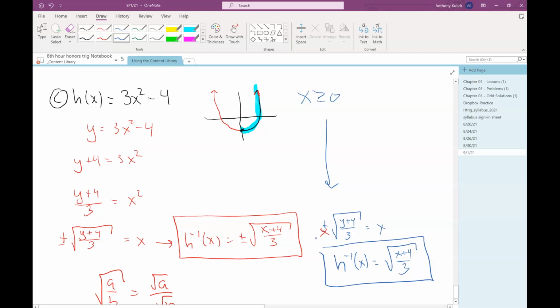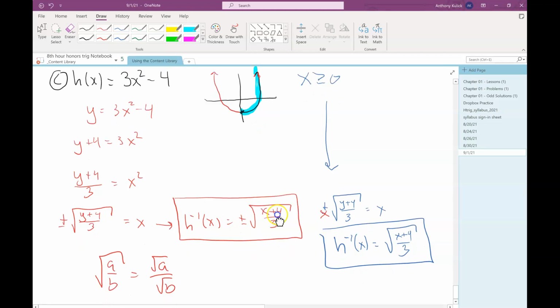Is everybody okay with the distinction there? It's purely a directions thing. One way isn't the right way to do it, and one way is not the wrong way. It's just whether you're following directions or not. And the distinction there is inverse versus inverse function. Is that okay?